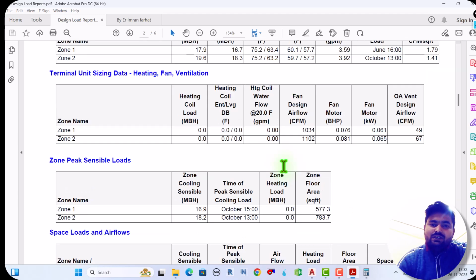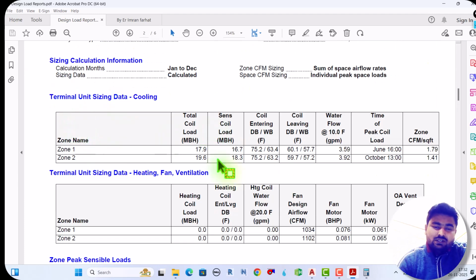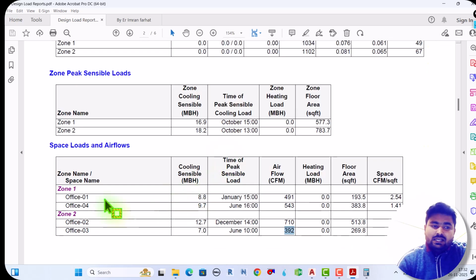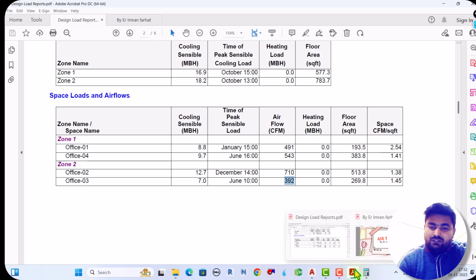So how many data do we need from the report? First, the machine terminal unit size, and second, the airflow for the space loads. These two data are important for drafting and for design purposes.